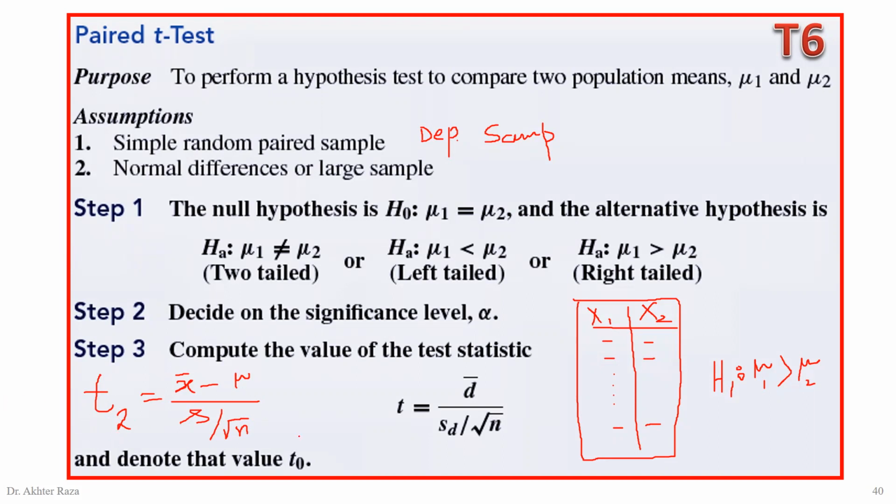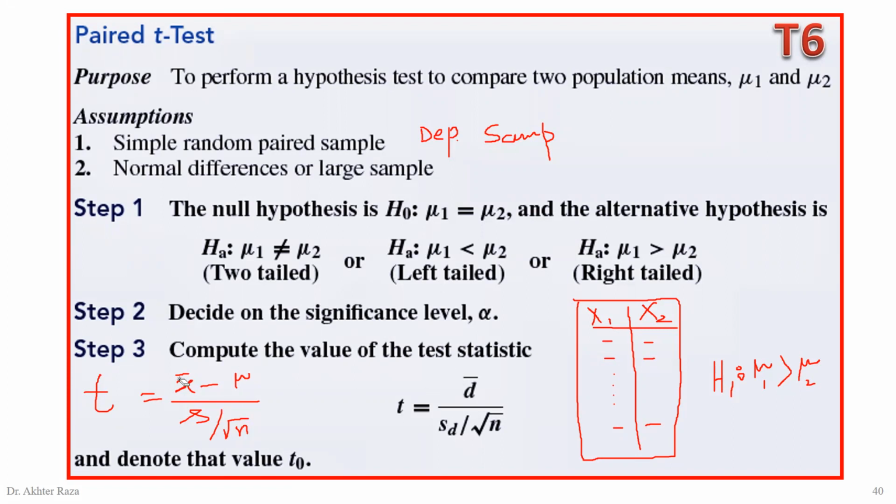This was procedure number T2, the second testing procedure. That is why I use T2 here, but T2 is basically a T statistic or the T score. You can compare these two formulas, they are exactly identical.